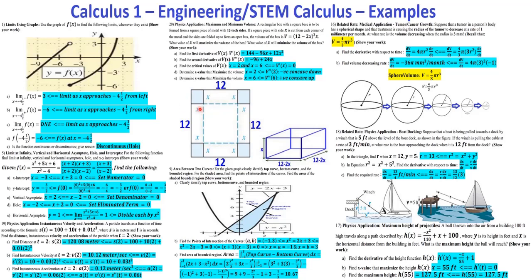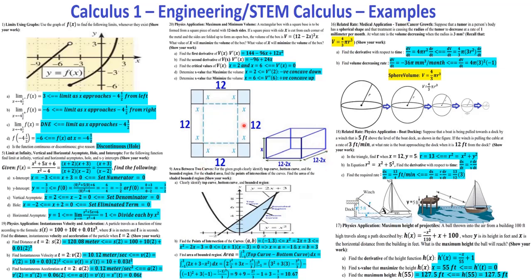Okay. I have another example: you have this cardboard, a square 12 by 12, and you cut out an x by x square from each corner, then fold it, and you get this box.